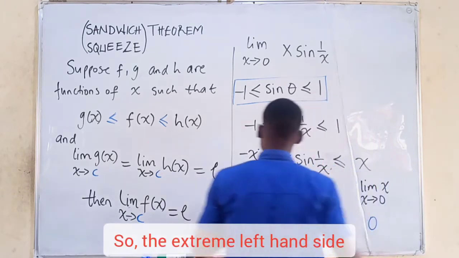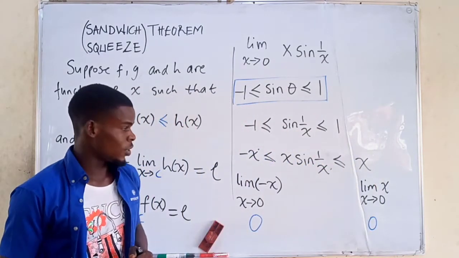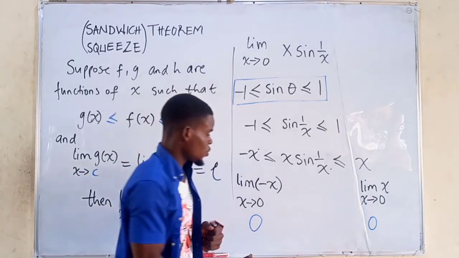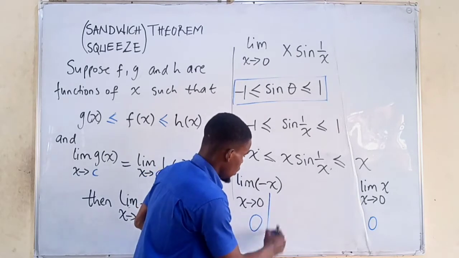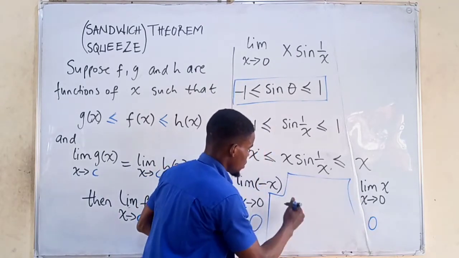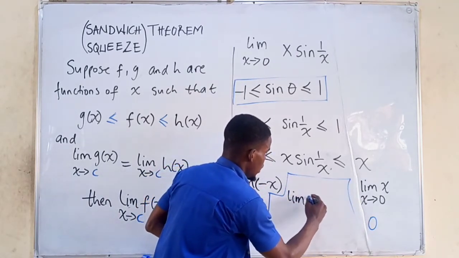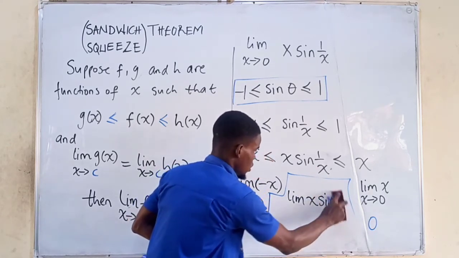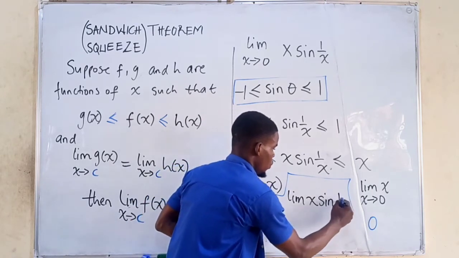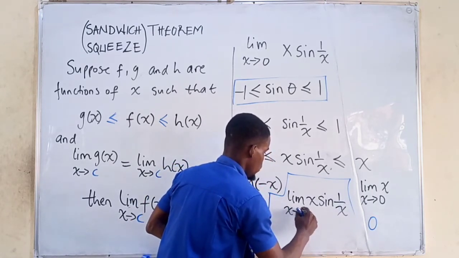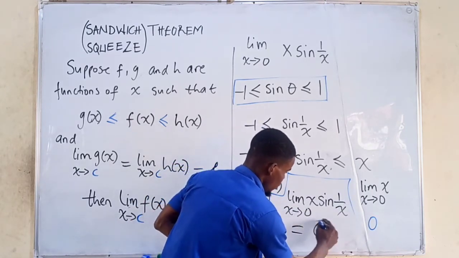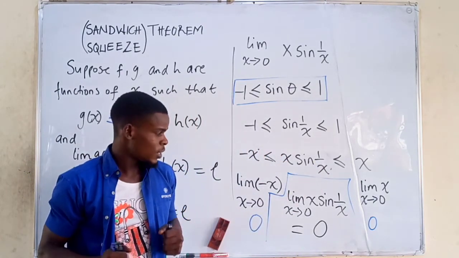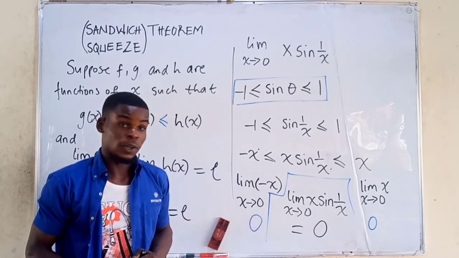So the limits of the extreme functions are the same, 0 and 0. That tells us that the limit of the middle function, x times sine of 1 over x, as x tends to 0, will be equal to 0, because it is sandwiched between these two functions whose limits are both 0. So the limit of the middle function is 0.